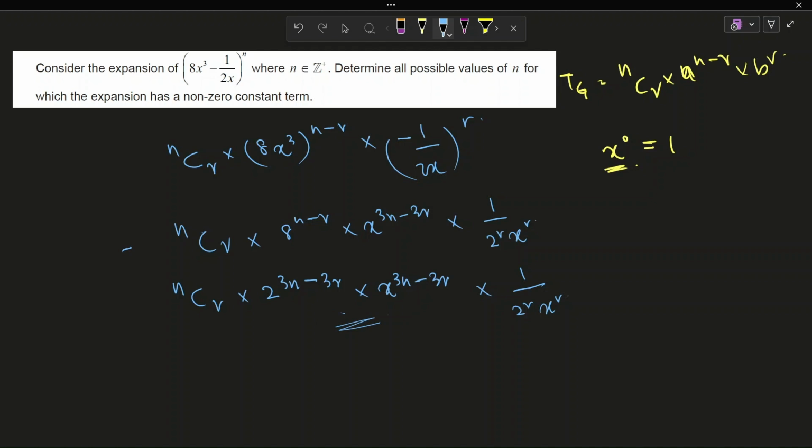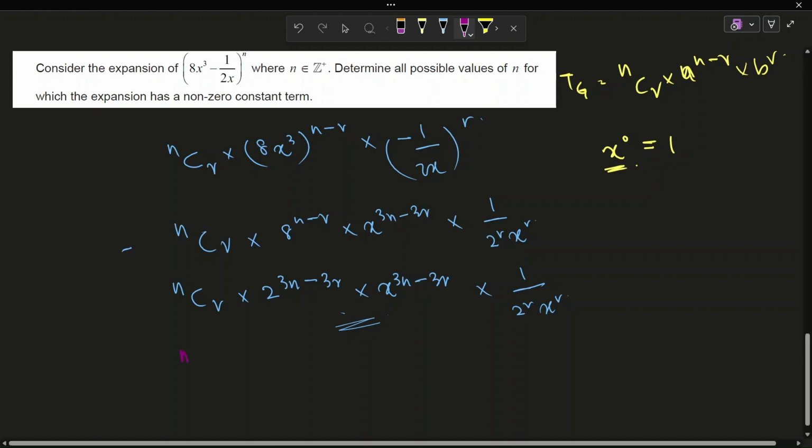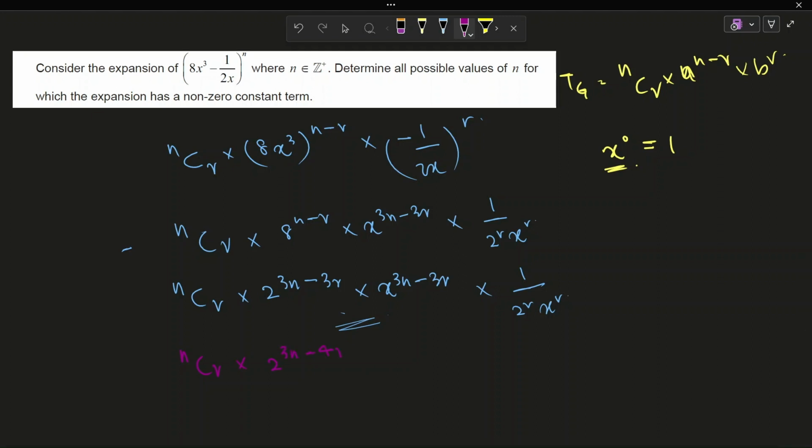And when these values are being divided, their powers subtract. So that's going to give us a different equation. So now we're going to get nCr times 2 to the power 3n minus 4r times x to the power 3n minus 4r.